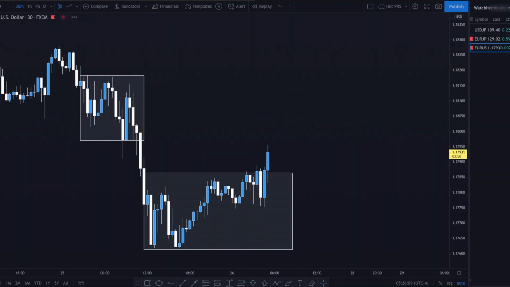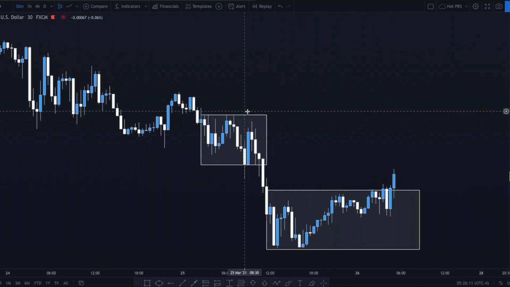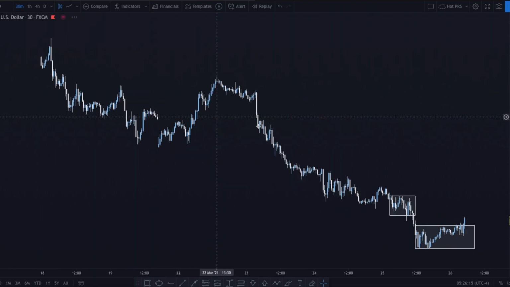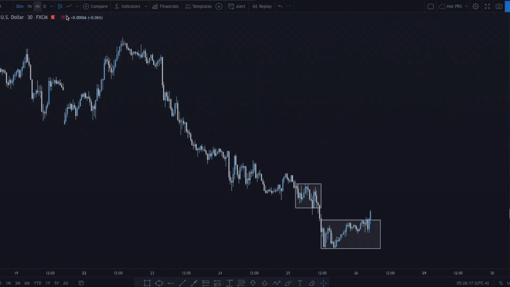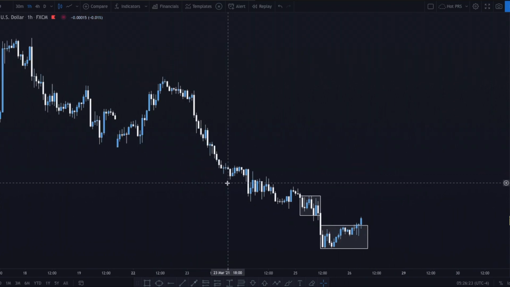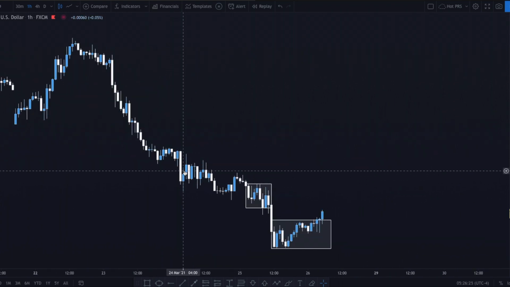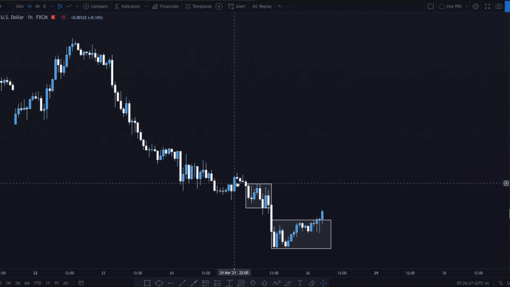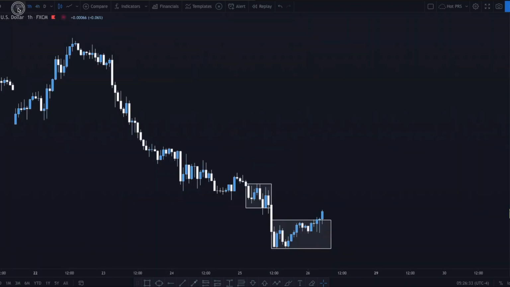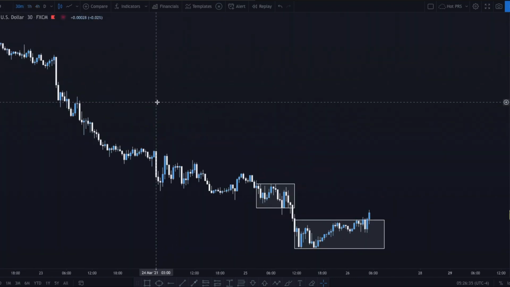Euro and USD, same thing again. Price was gradually pushing to the downside. Price was moving, but it was consolidating while it was going down, so it's not clear to find an entry on price action that is moving like this.